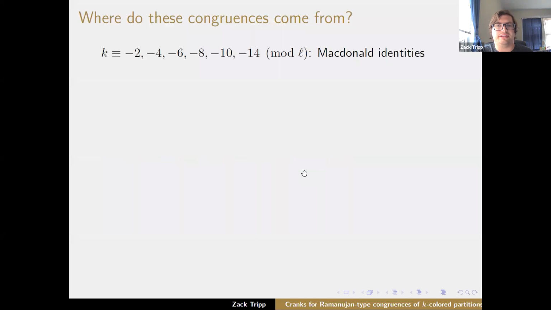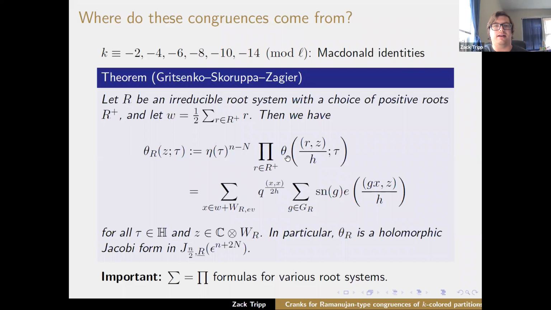So we're going to use these McDonald identities that Ian was talking about. In case you weren't at Ian's talk, I'll put up the theorem that Gritsenko, Skoruppa, and Zagier proved. We have a product of theta functions and then a sum involving root systems. It's not too important what the specific details are right now, other than that we have a sum-to-product formula.